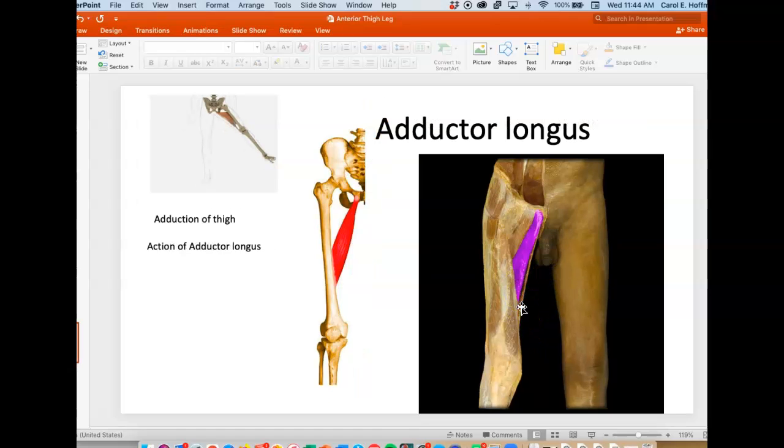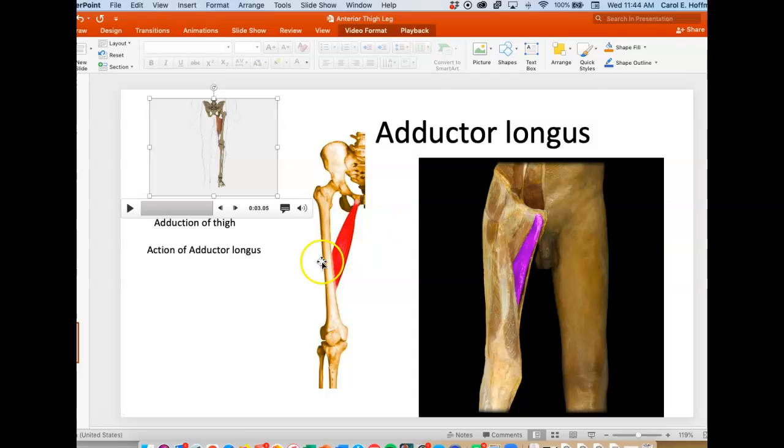But let's go back to the longus and look at this muscle here and see what the action is. Adduction of the thigh, right? You can do those exercises of putting your leg lying on your side and leg up, leg down, leg up, leg down, and you see how those adductors are working hard when you do that.